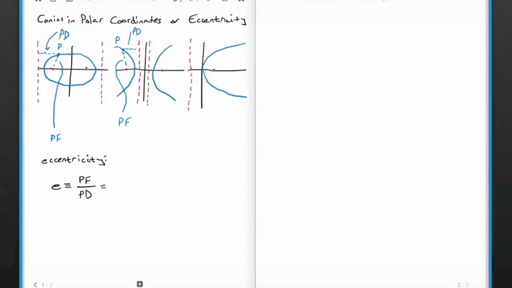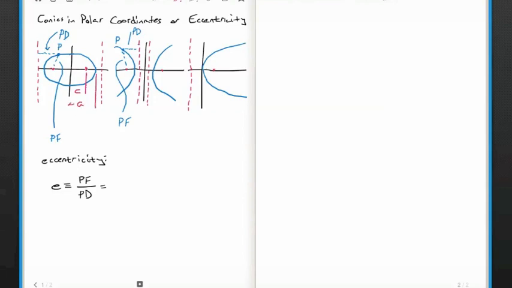Now if you recall from our drawings the other day, let me label some of these here in red. The distance from the center to the focus, remember that distance is called c, and the distance all the way out to the vertex, I'm going to make that a solid line, is called a.